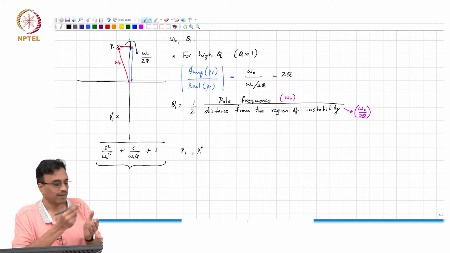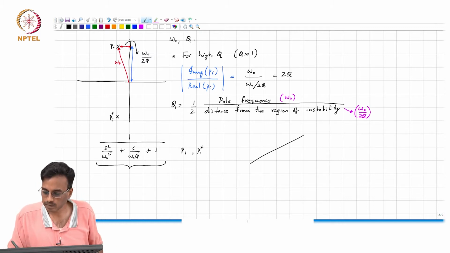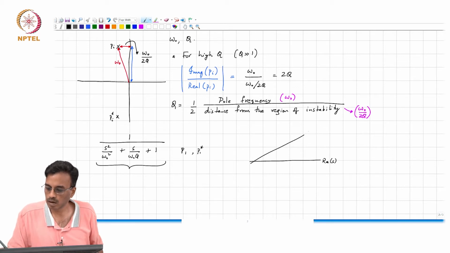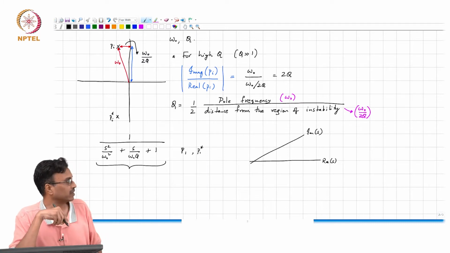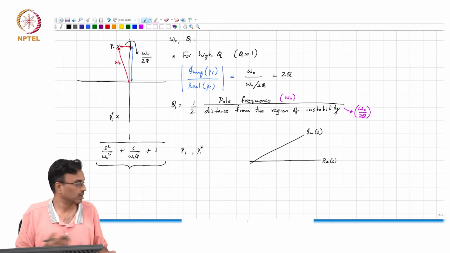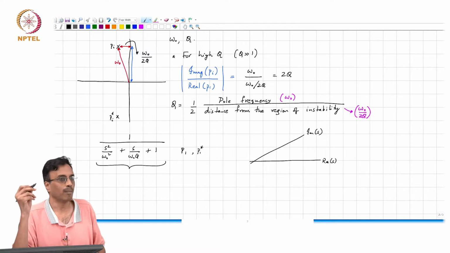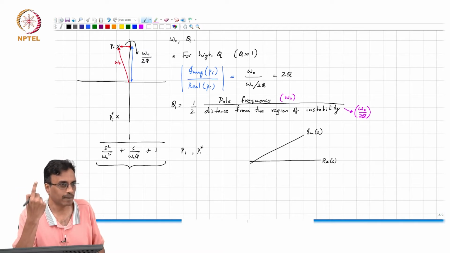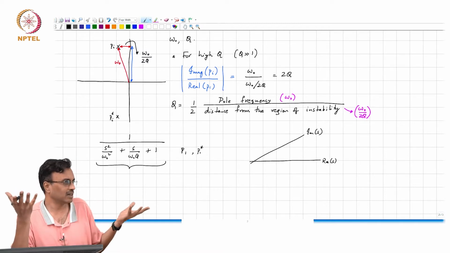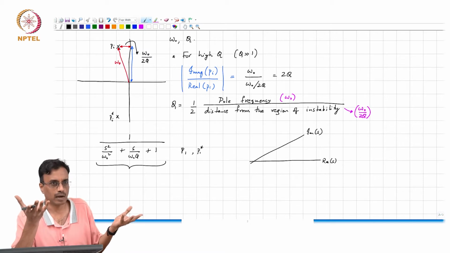So, if I plot the real part of S and the imaginary part of S on a sheet of paper and plot the magnitude on the z axis, I will basically get a 3-dimensional plot, correct?